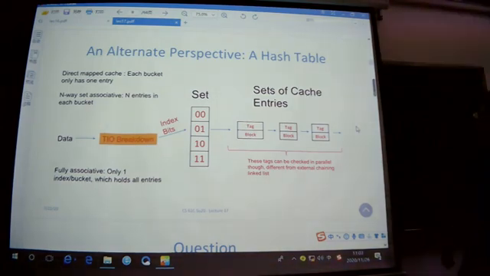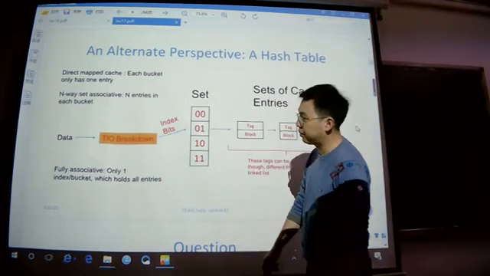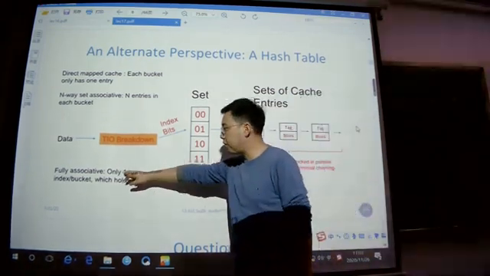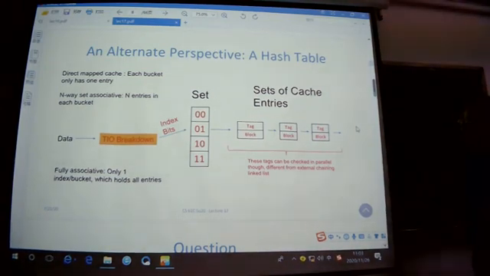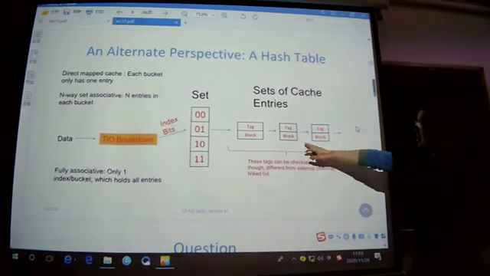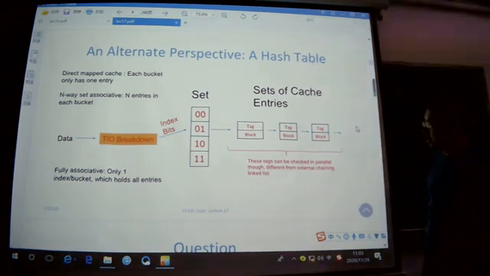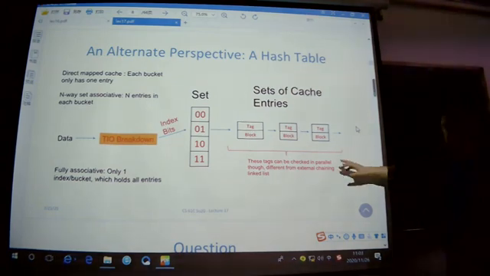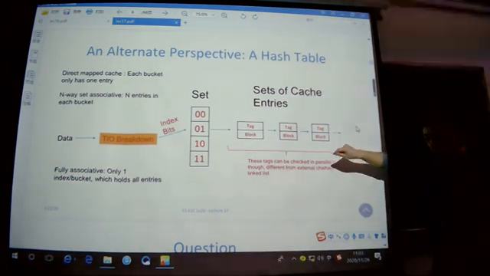So you can find this TIO breakdown is the hash function. Fully associative has only one index or bucket which holds all entries. So these tags can be tracked in parallel, different from an external chaining linked list. So we call this structure a linked list.